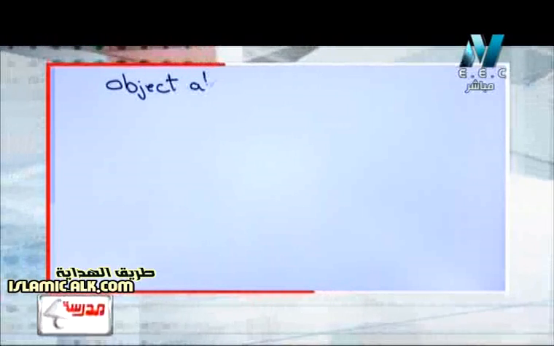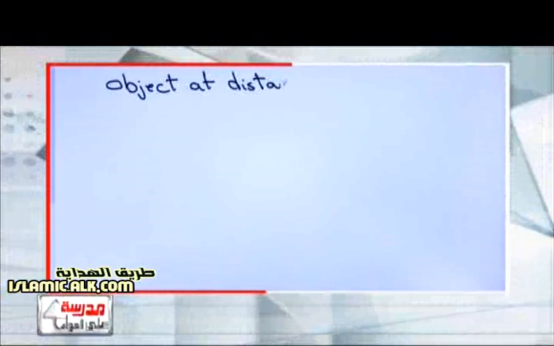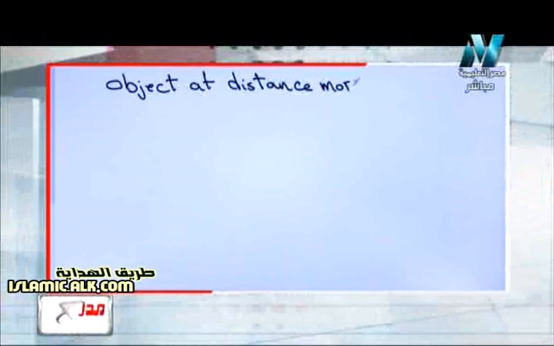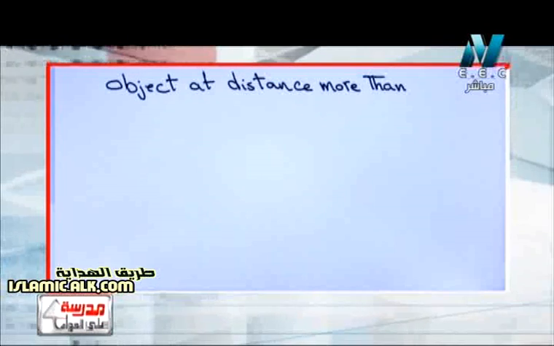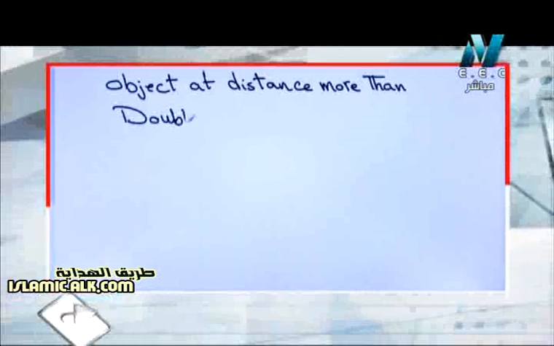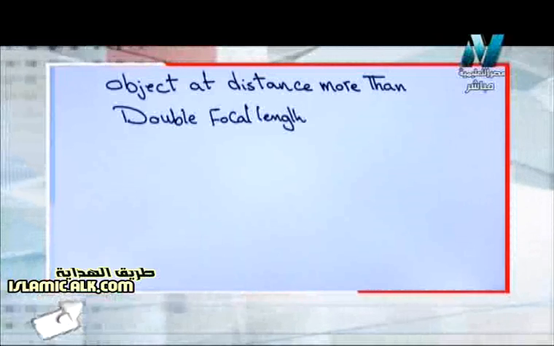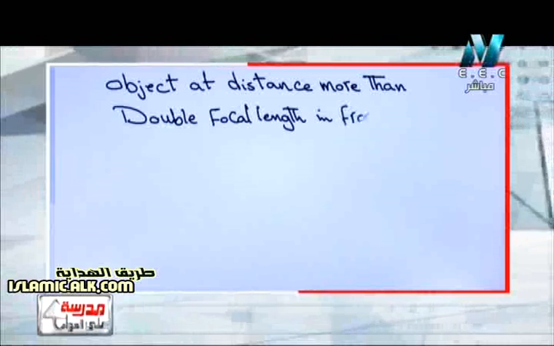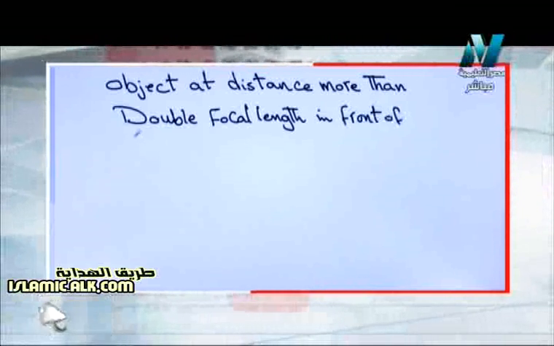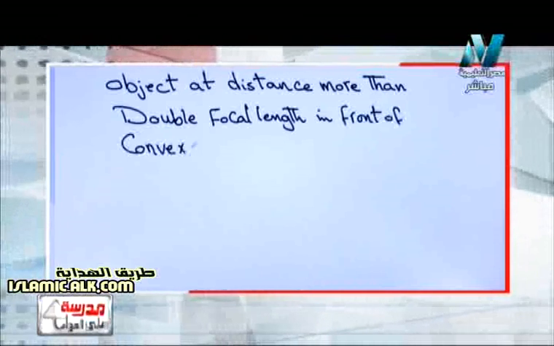We have to differentiate between the concepts in optics. As we have, for example, a problem here about a lens. If we take it together, how come? If we have here, for example, an object at a distance more than double focal length in front of a convex lens.